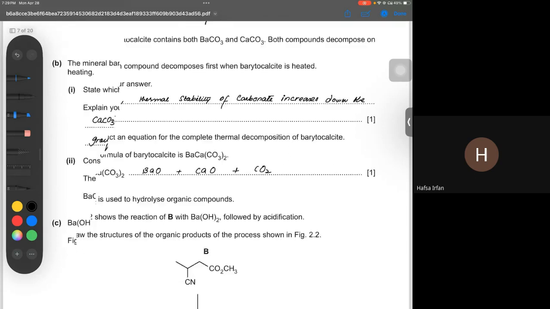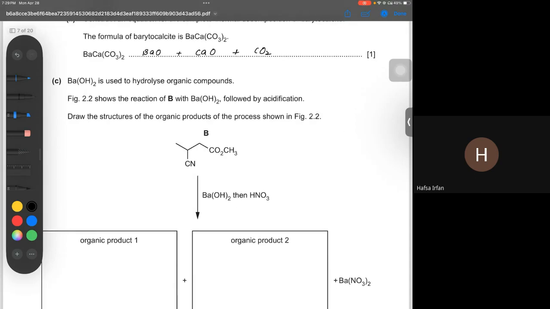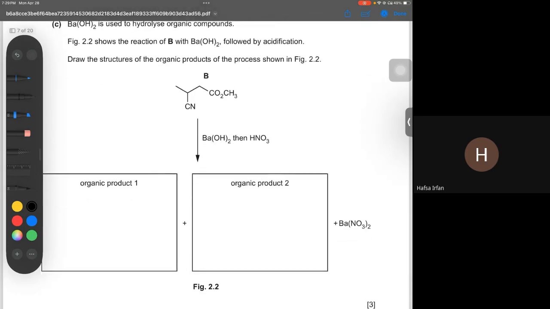Okay. And then barium hydroxide is used to hydrolyze organic compounds. Draw the structures of the organic products of the process. Organic product 1, barium hydroxide, then HNO3, organic product 1 and organic product 2.